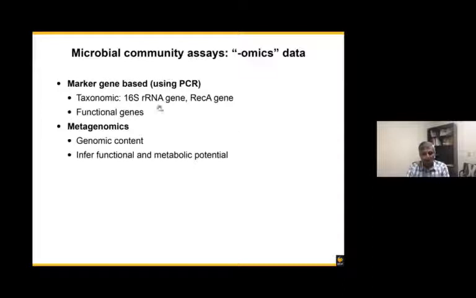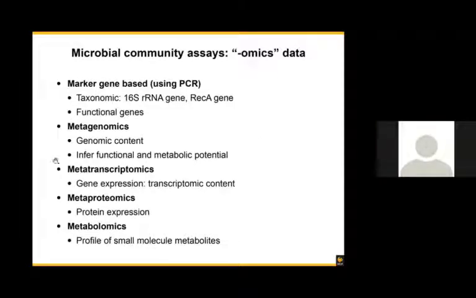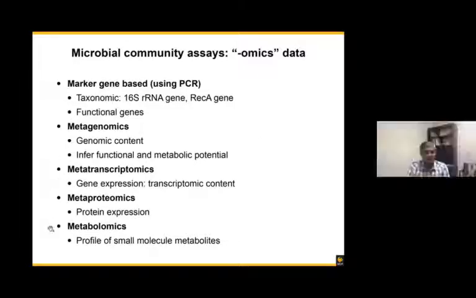So both of these obviously give you the viewpoint from the genome perspective. You have other omics approaches, including metatranscriptomics, metaproteomics, metabolomics, that each look at different viewpoints of the system, if you will, right? So metatranscriptomics helps you look at gene expression levels. Metaproteomics, obviously, proteins and protein expression, and metabolomics, which is looking at the profiles of small molecule metabolites.